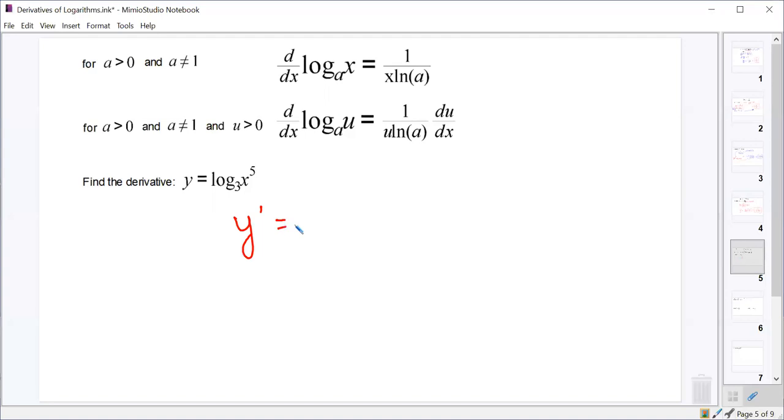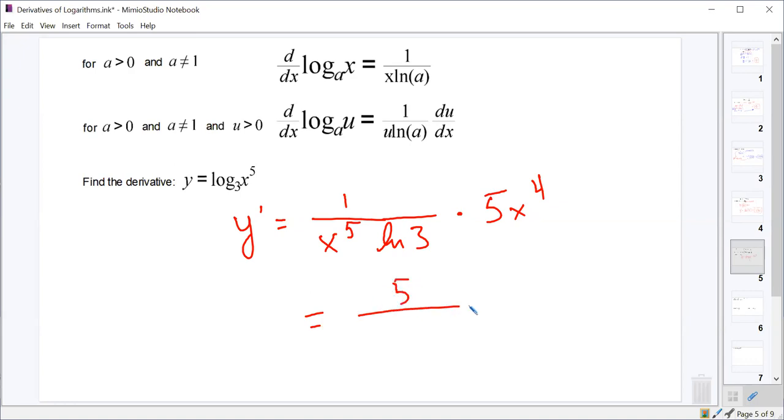Y prime should equal 1 over the function times the natural log of the base times the derivative of the function. Is that what you guys all did? Any questions or issues with that? Everybody okay with that? Yeah, that looks nice.